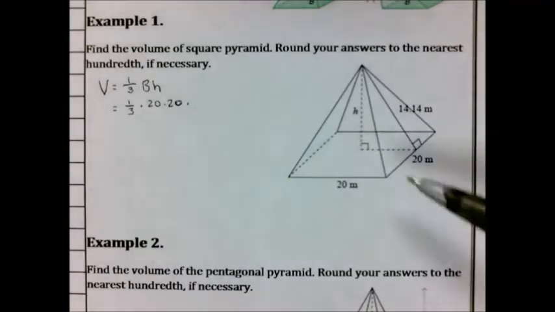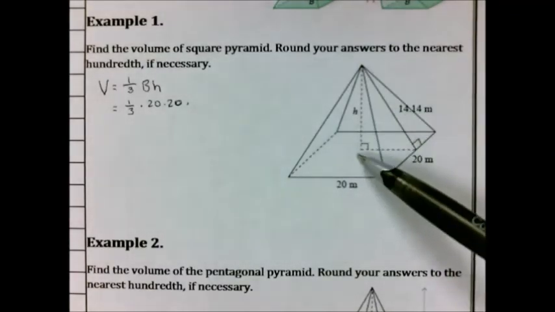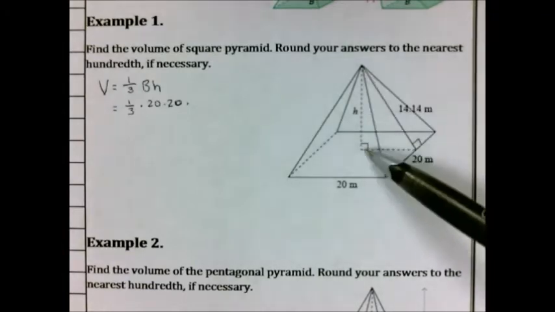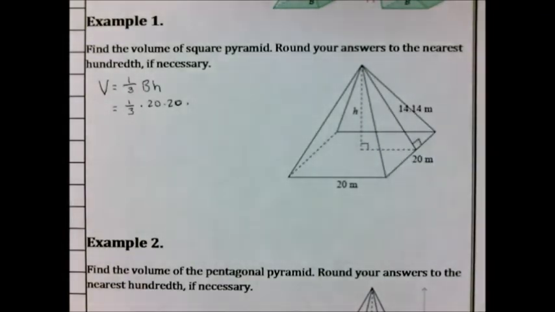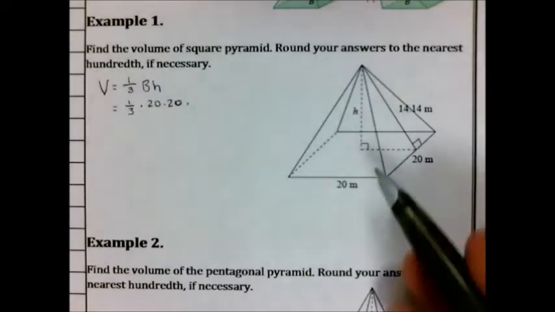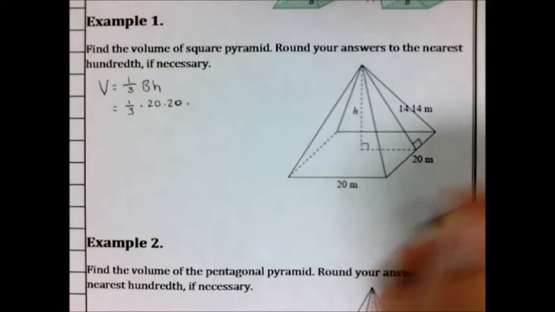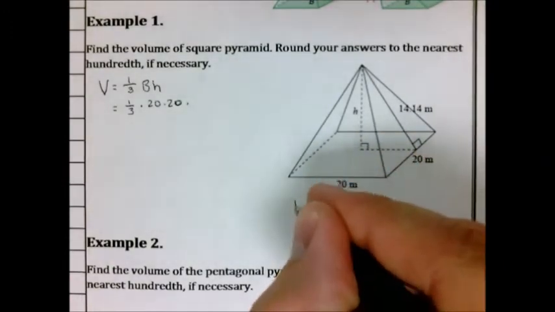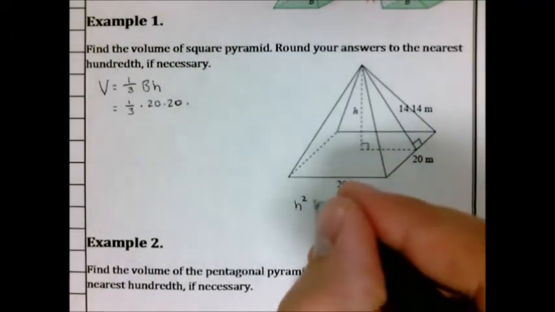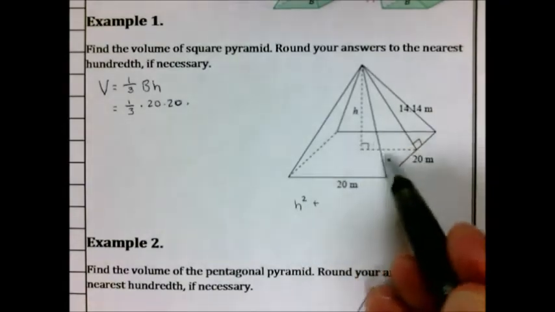And actually, if we were to pull this shape out into a two-dimensional figure, it makes somewhat of a triangle in order to figure out what that height is. And we can see this is a right triangle, so we can use the Pythagorean theorem. The Pythagorean theorem says that h squared, our height squared, plus the base, so a squared plus b squared.